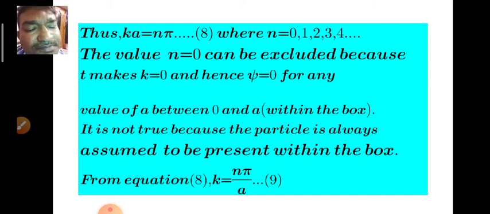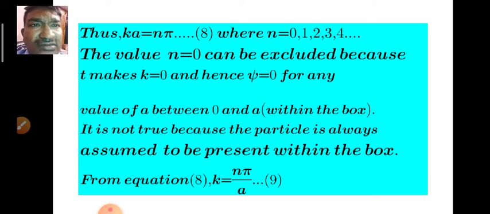As a result, we should not consider n is equal to 0, and we can accept the other values 1, 2, 3, 4 and so on.